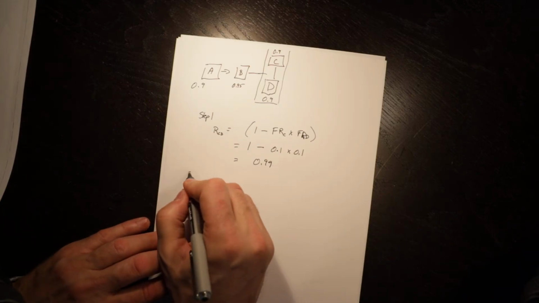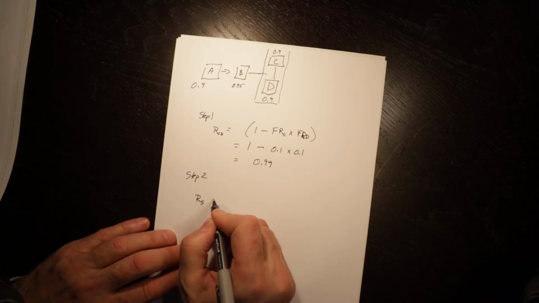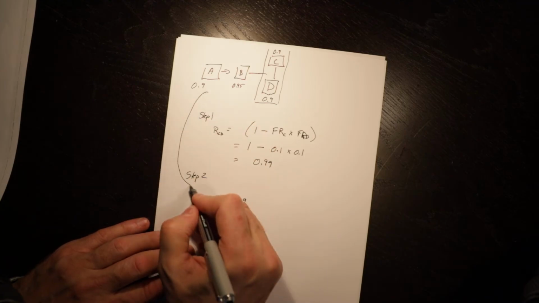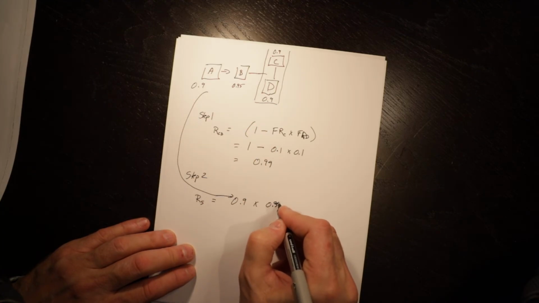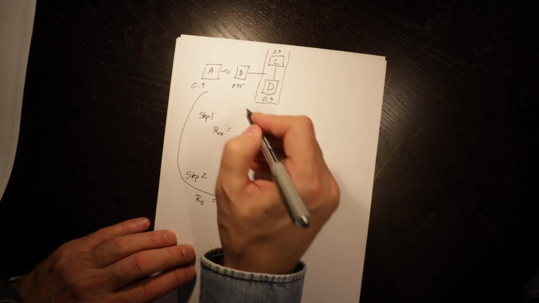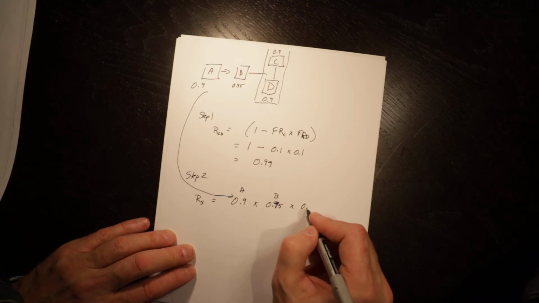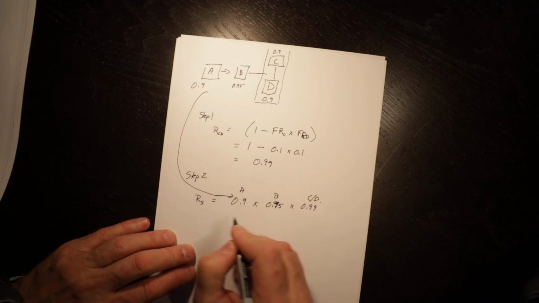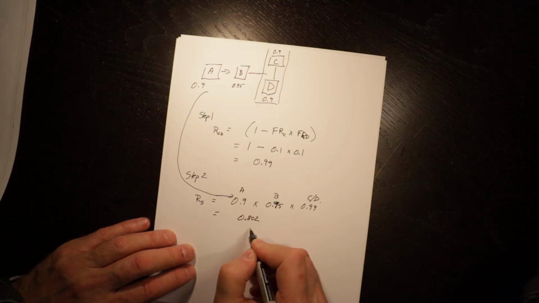And then I do step 2, which is the reliability of the entire system, where I would do 0.9 from here times 0.95, which is B, times 0.99, which is CD, is equal to 0.802 or 80.2%.